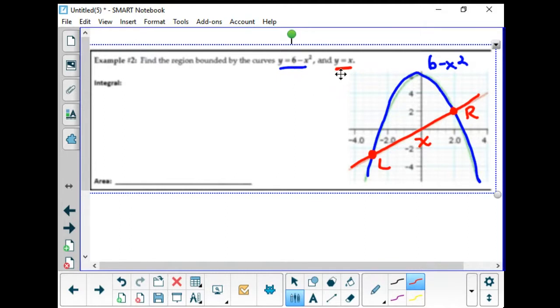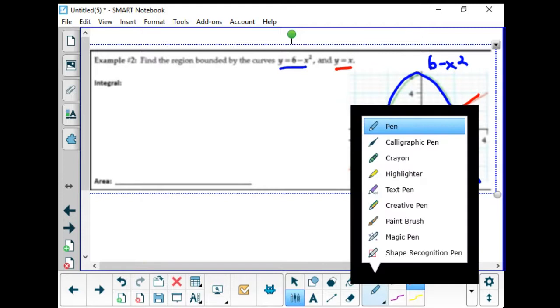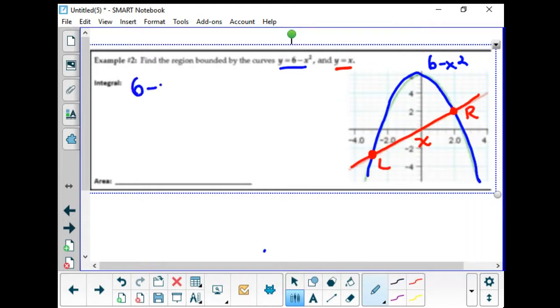You can also look at the tables for these two functions to identify the left and right intersection points. Or if you prefer to do some algebra, 6 minus x squared equals x. The solutions to that will give you the intersection points.